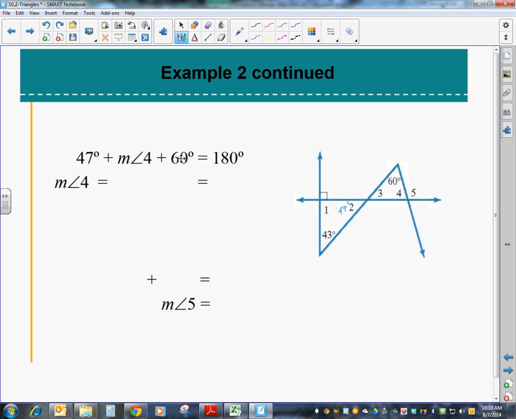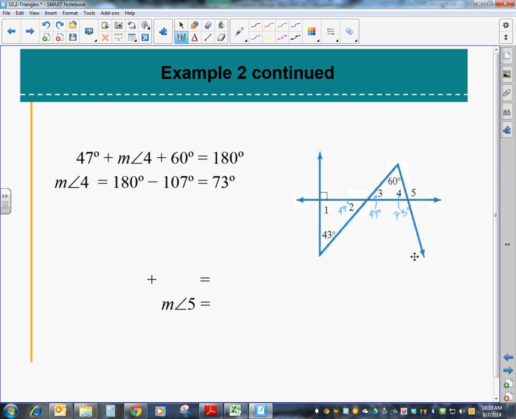If we combine these two, 60 and 47 give us 107, and we're going to subtract that from 180 to find the measure of angle 4. So 3 we know is 47 degrees also, and we just figured out that 4 was 73 degrees.